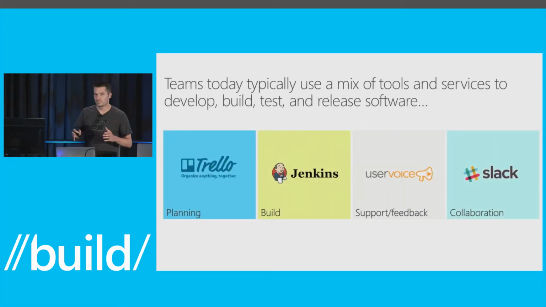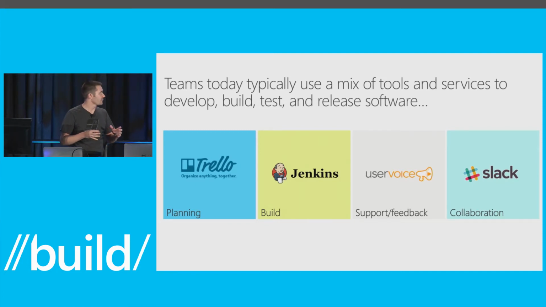OK. So at a high level, when we think about how people are building software today, delivering software really requires a lot of different tools for a lot of different teams. We talk to both small teams and organizations, and a pretty common trend is that they're not just using one stack of tools. They're not just using TFS as the back end to manage all of their development projects.